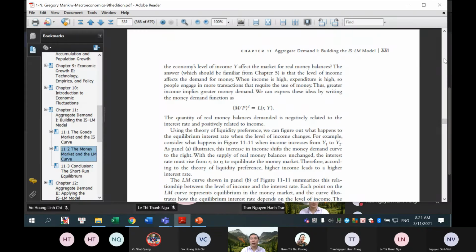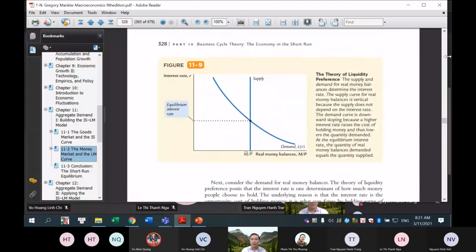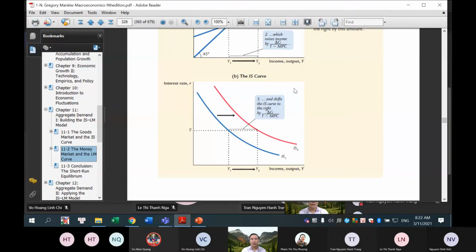The IS curve slopes downward in the diagram. Okay, here is the shape of the IS curve equation. You can see it is drawn sloping downward like this.